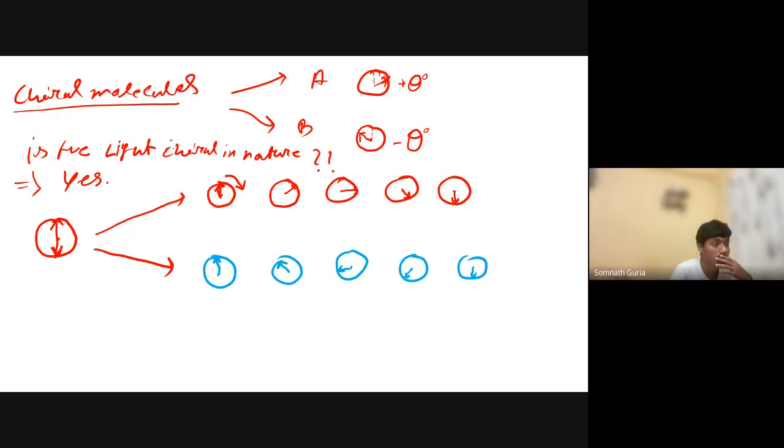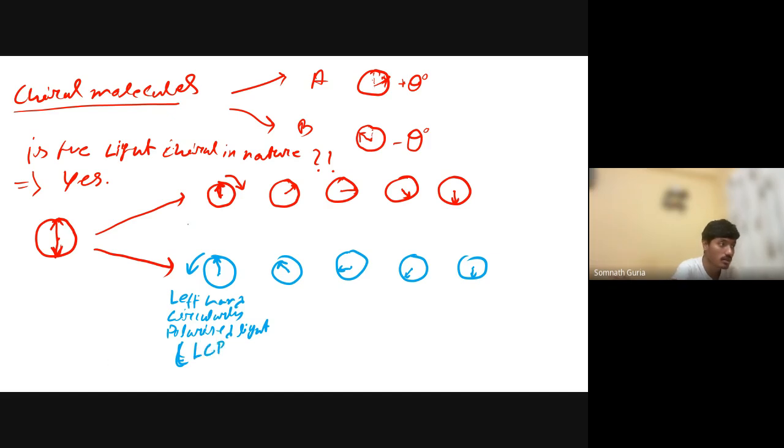Now, the question is: this light is actually rotating in that direction, which means it is left-handed. So it is called left-hand circularly polarized light, in short LCP.